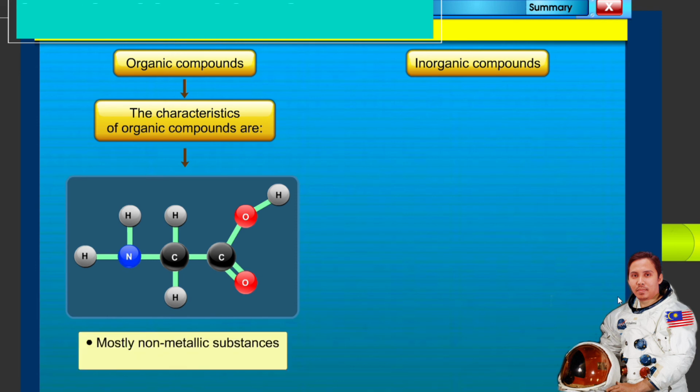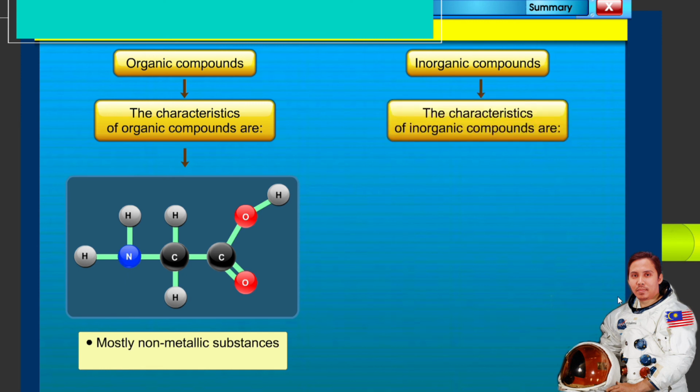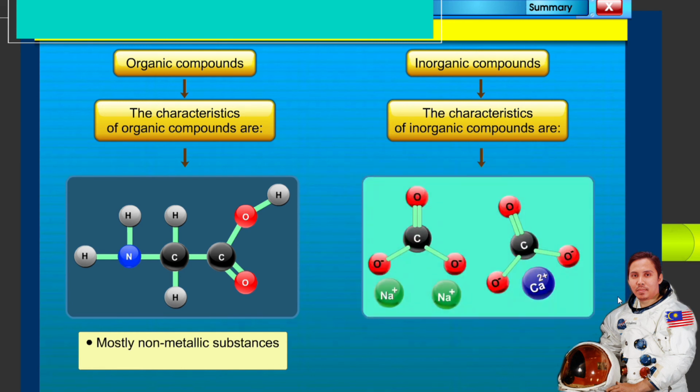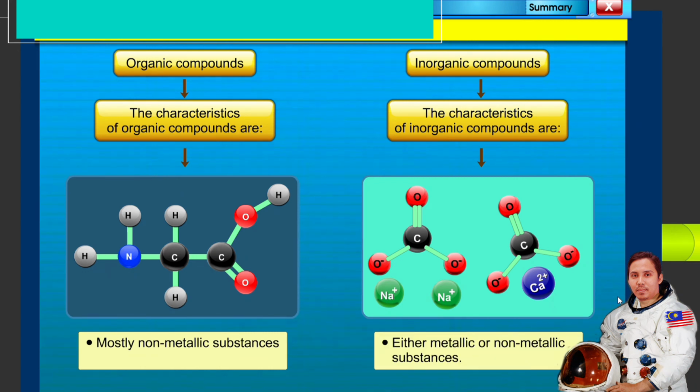They are mostly non-metallic substances. The characteristics of inorganic compounds are: they contain carbon in combination with other elements such as oxygen and metal elements. They can be either metallic or non-metallic substances.